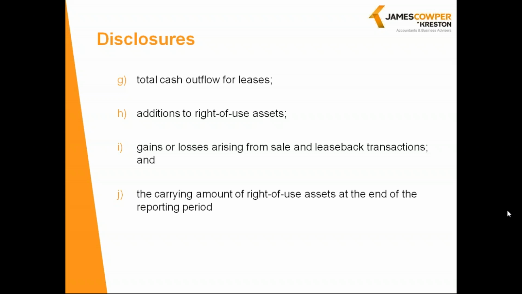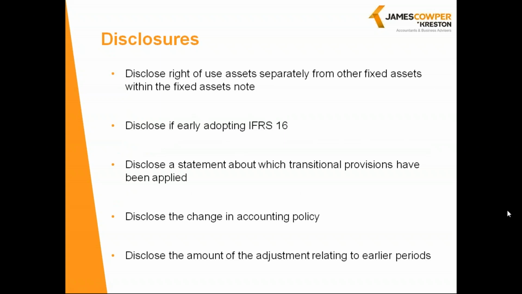A lot of these will be included within your existing notes, such as your fixed asset note, your note about the amounts recognised in the profit and loss account, the interest note, and also your cash flow note. It's important to note that within your fixed asset note, your right of use assets need to be disclosed separately in a separate column.